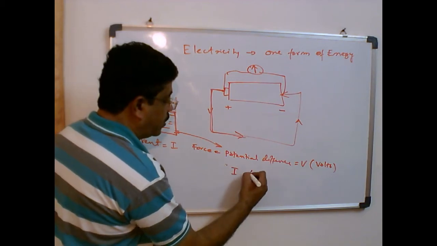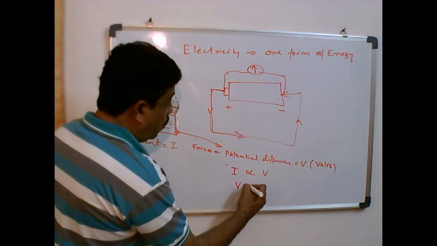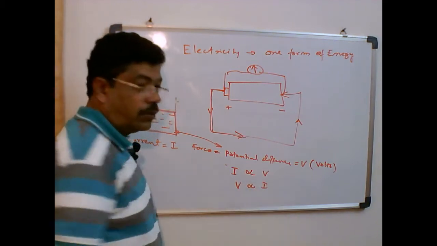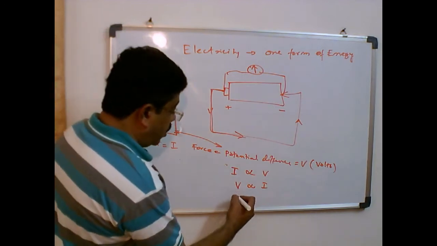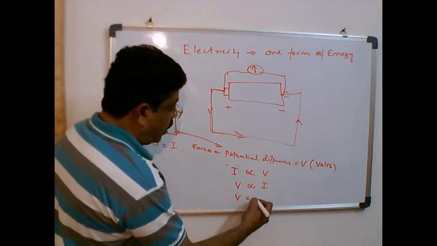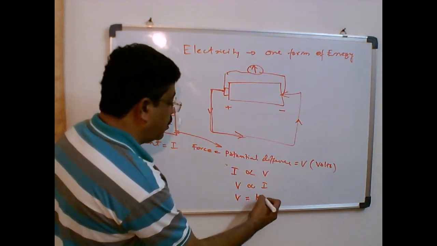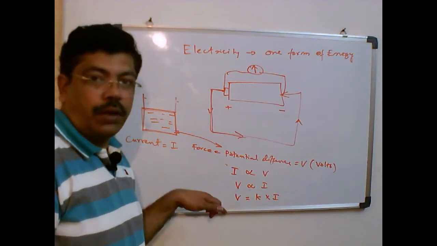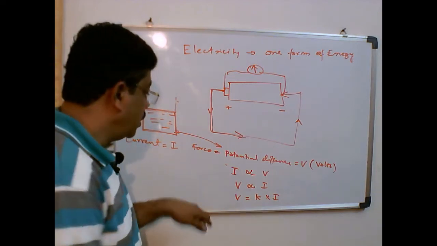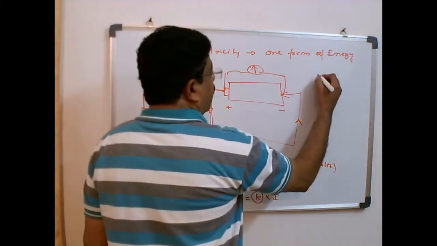I is directly proportional to voltage, or in other words, voltage is directly proportional to current. To make this an equality, some constant must come into the picture, which multiplied by I gives the value of the voltage. This constant is known as the resistance.